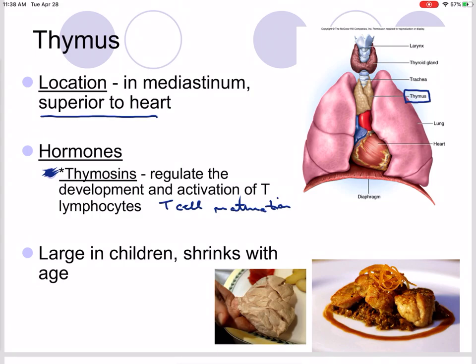We said that white blood cells, like red blood cells, are produced in the red bone marrow. We know that. But then some white blood cells have to travel to the thymus gland for further maturation. And of course, the white cells we're talking about are the T cells. T cells are produced in the red bone marrow, but they go to the thymus gland for maturation.